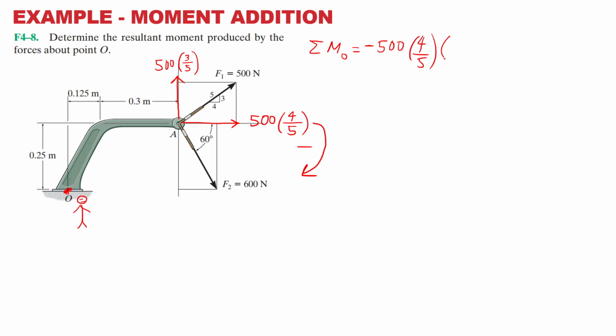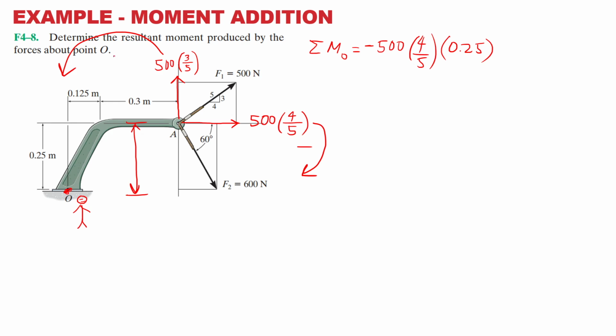What's the distance? Distance is always perpendicular, my friend. This is the distance. 500 times 4 over 5, the distance is 0.25. So for this force, we are done. Next, this one. This force goes like that, so it rotates like that.